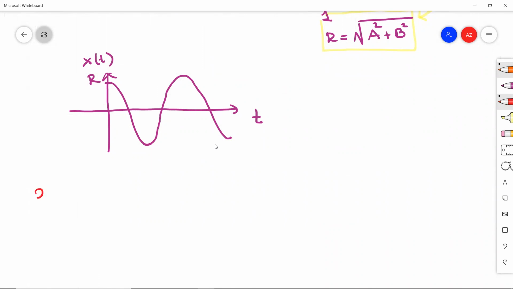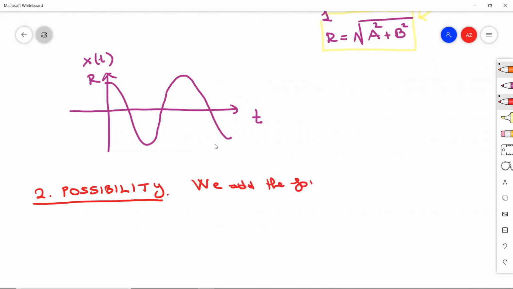Then the second possibility, I won't switch to slides. I will just write on the blackboard. We add damping. So we add the force of damping to the motion.